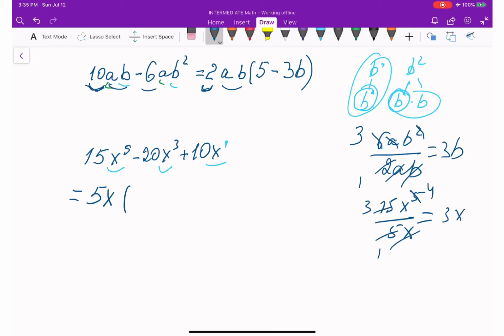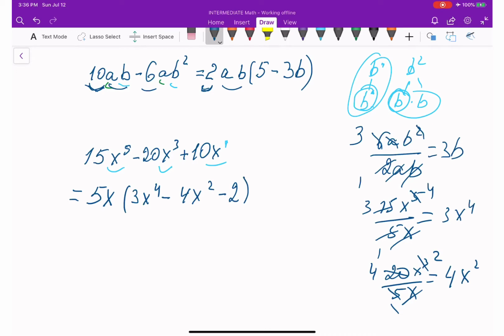So 3x^4. Next, minus 20x^3 divided by 5x. x is gone, with this cube it will be 2. And 5 and 20, it's going to be 1 and 4. So we will have 4x squared. And 10x divided by 5x is going to be equal to 2.